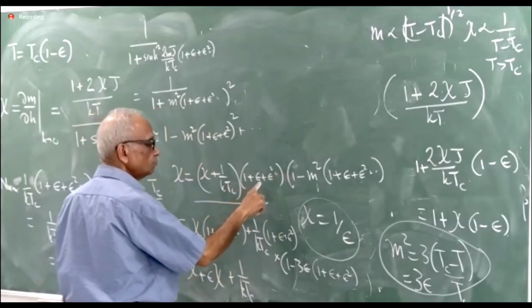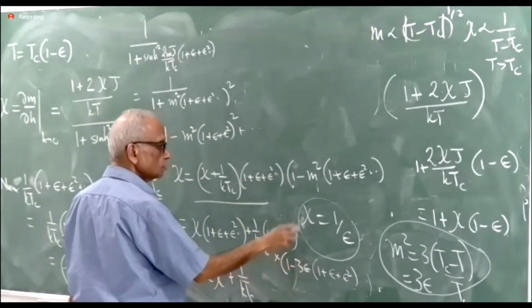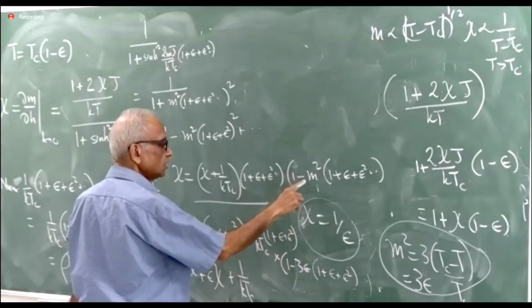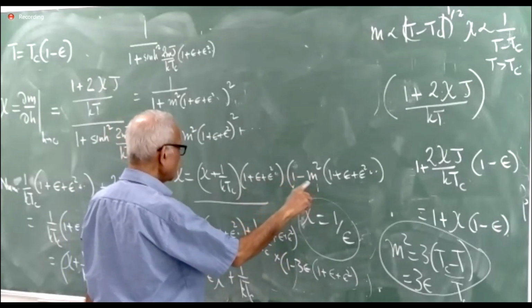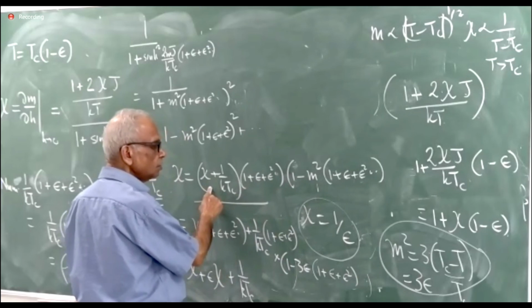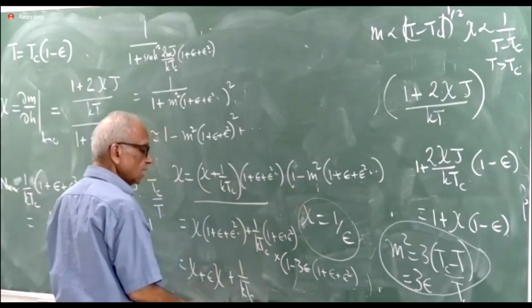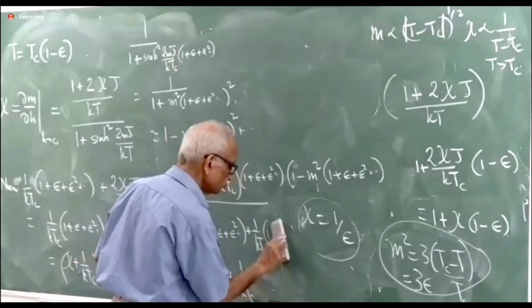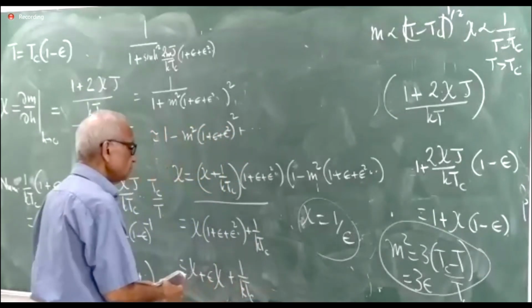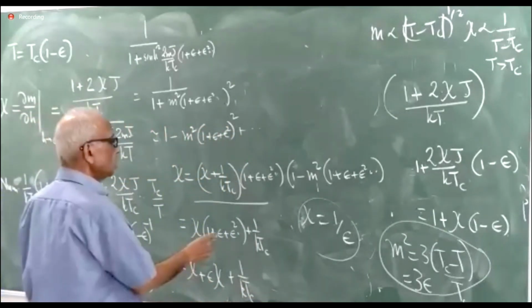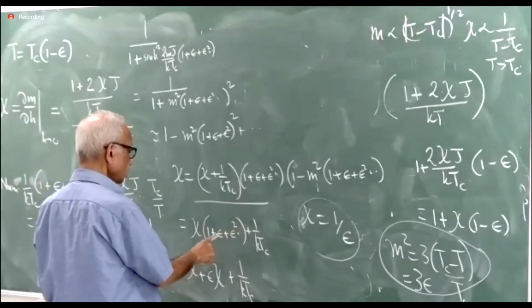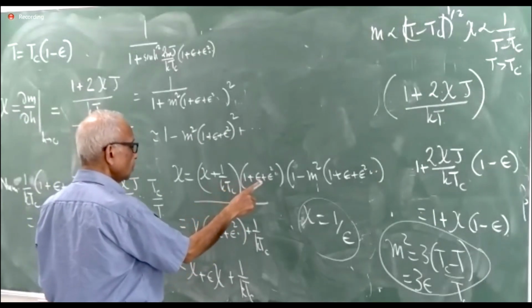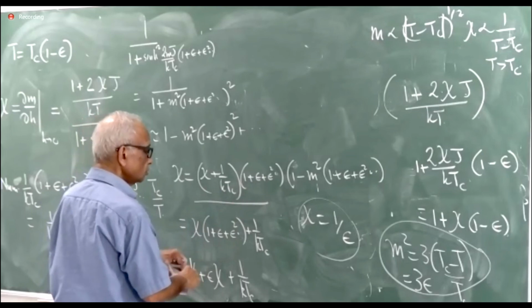There is 1 plus epsilon square, but more importantly there is a chi into m square. So that is, sorry, yes, right, thank you. So plus 1 over 1 plus chi into 1 plus 1 over epsilon square.